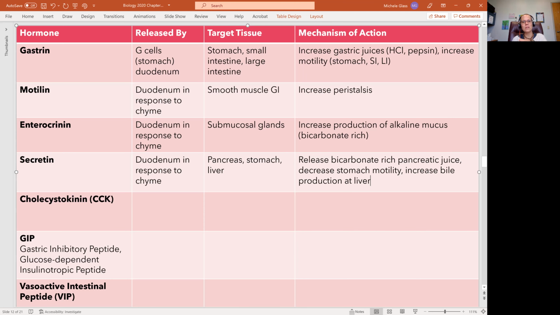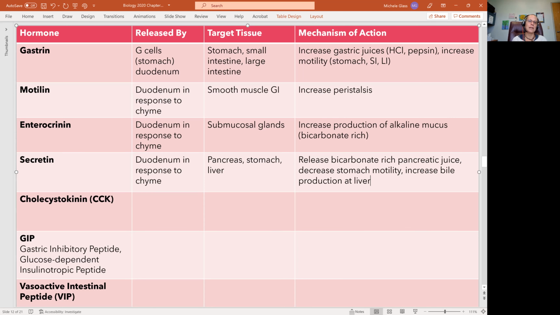But then we've also said that we're releasing, I like to think of it as a squirt. So we're releasing these 3 milliliter squirts at a time, and we need to sort of then slow that down. So once we get that 3 milliliter squirt into the small intestine, we need time to process. So we're going to tell the stomach, wait, give me a chance to digest and absorb these nutrients, and then we'll have a trigger to release another 3 milliliter squirt.